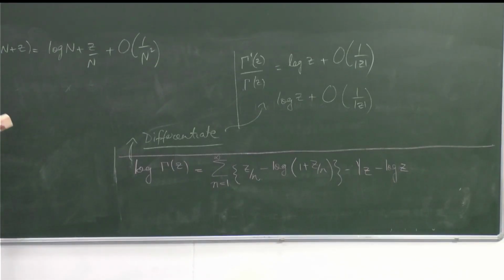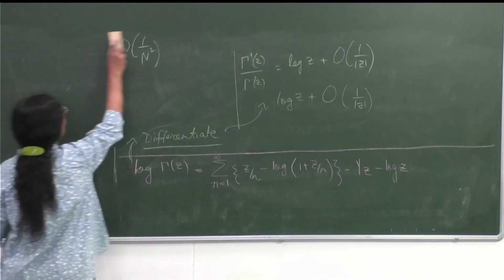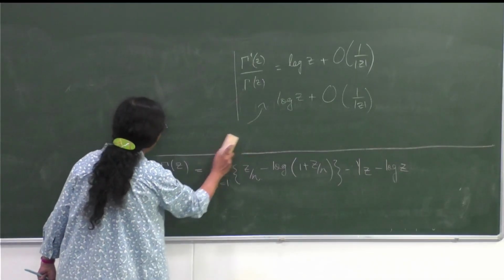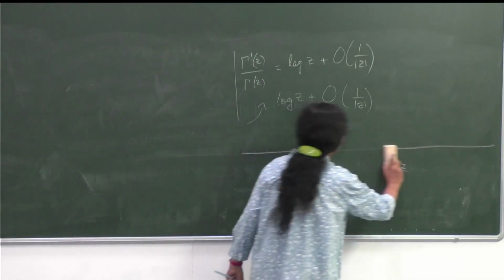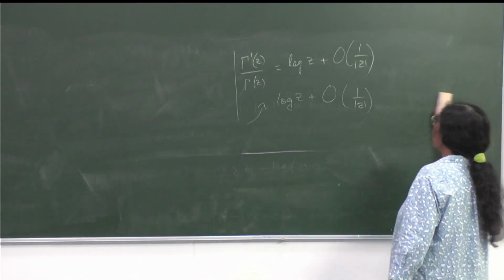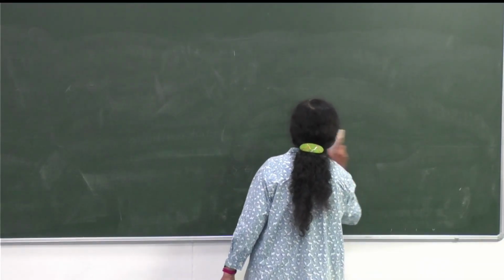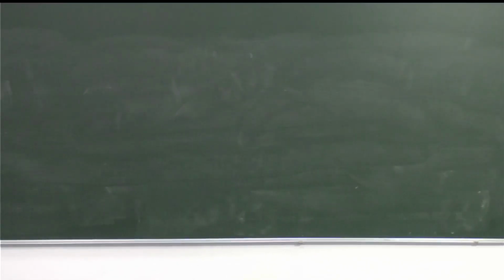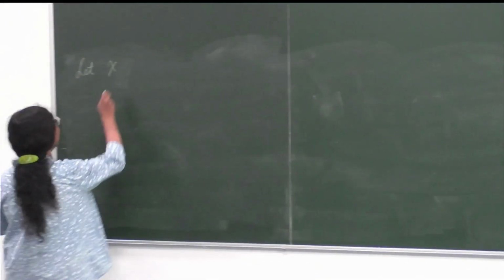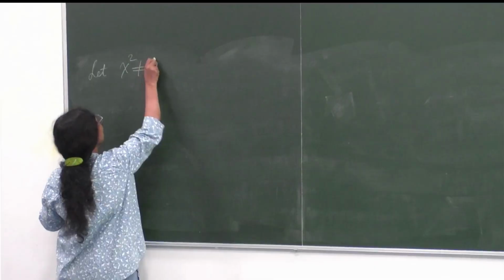Now I want to do the part that, so these are results which we will use. Okay, so where was I? The exercise was, let chi squared now not be equal to chi 0.